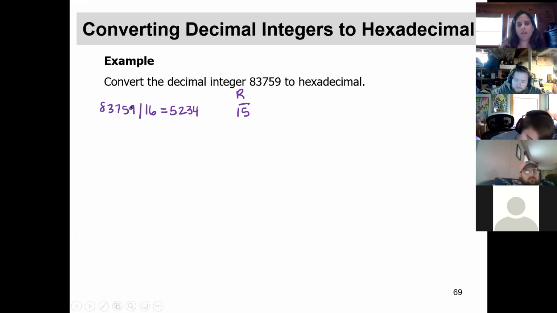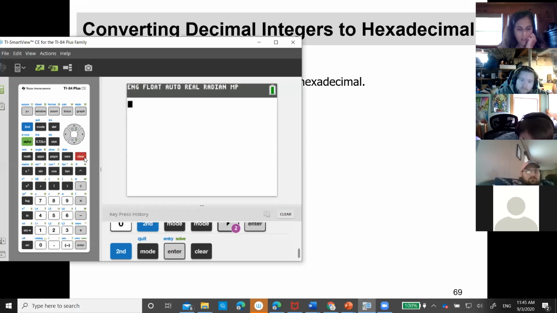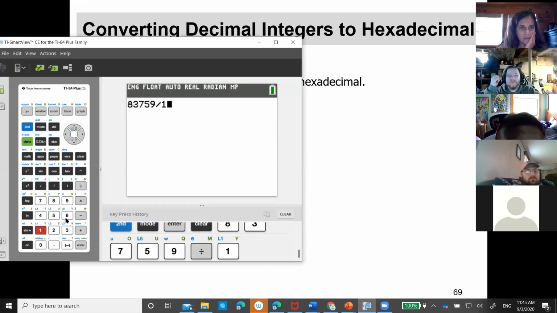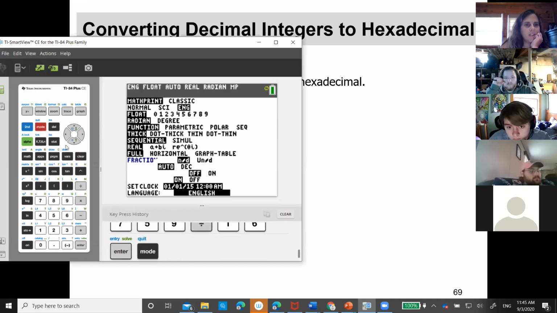So in my calculator, I took 83,759. Can you see my calculator? Am I sharing that properly? Okay. Divided by 16, I'm getting, oh, I'm in scientific notation. I need to go back, or engineering, sorry, back.